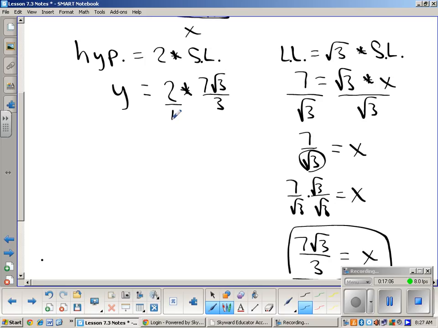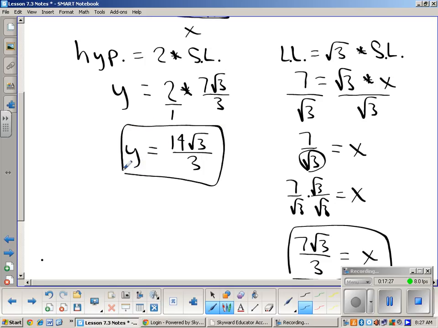And so when you multiply fractions, you multiply straight across the top, unless you can simplify. Does 2 and 3 have any common factors other than 1? No. So straight across the top: 2 times 7 is 14 times square root of 3. And on the bottom, 1 times 3 is 3.